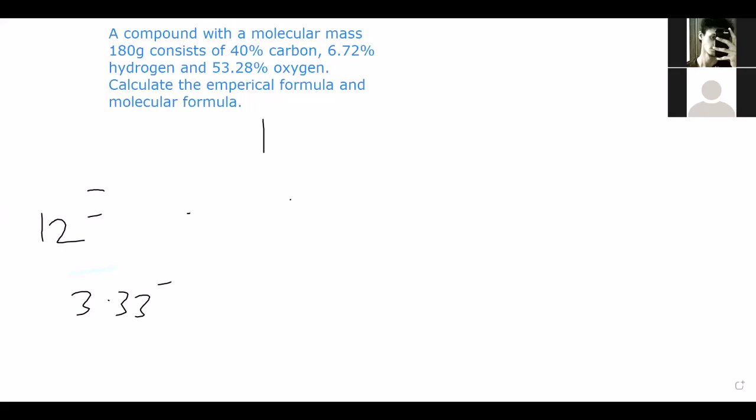For the empirical formula mass, we had the empirical formula CH2O.